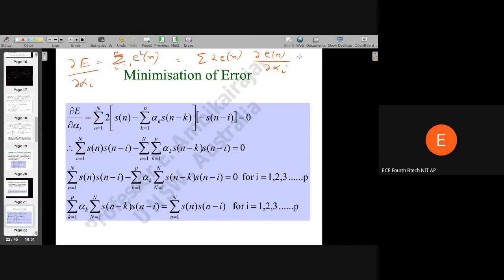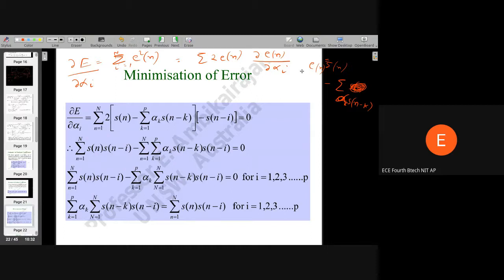And what is e n? e n is again s n minus summation of alpha k s of n minus k.